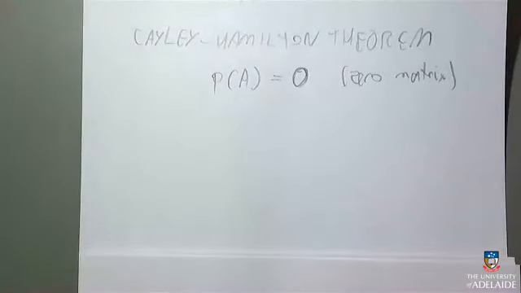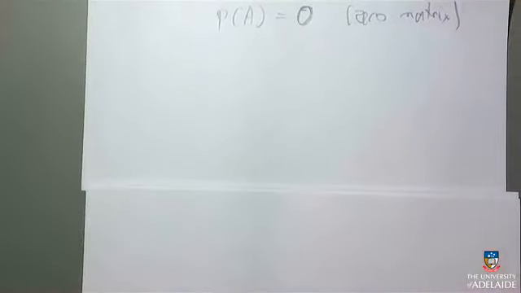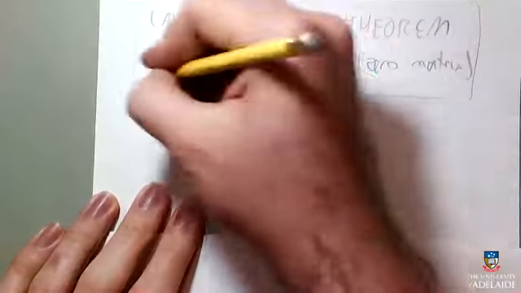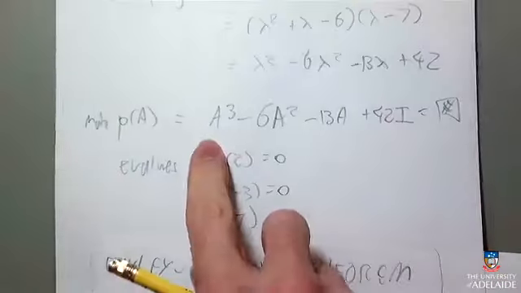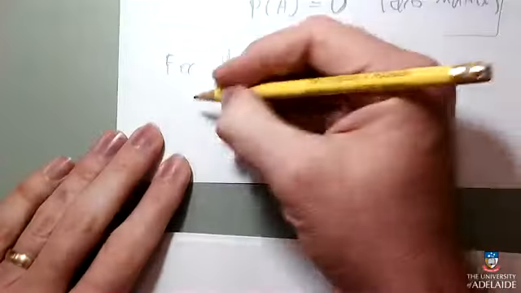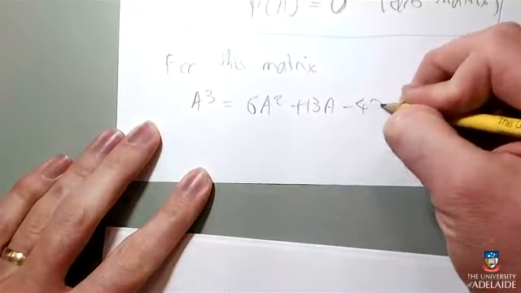But it's kind of useful in other ways. Well, I don't know if it's useful, but interesting. What this means is that with any matrix, I can construct its bigger powers from its smaller powers. So for this matrix, since a cubed minus 6a squared minus 13a plus 42i is 0, I can say that a cubed is the same as 6a squared plus 13a minus 42i.